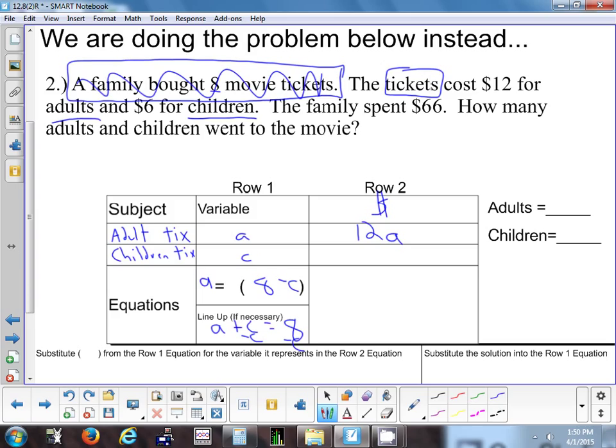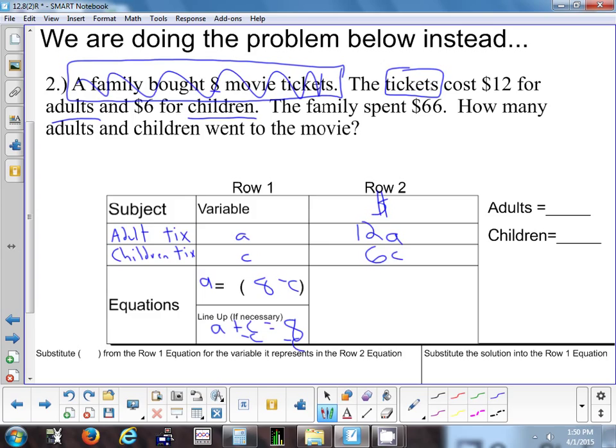Matt, what's going to go in the children's ticket thing? Six. All right, 6, and then what's the variable? C. C, good. That's your other cost times an amount.